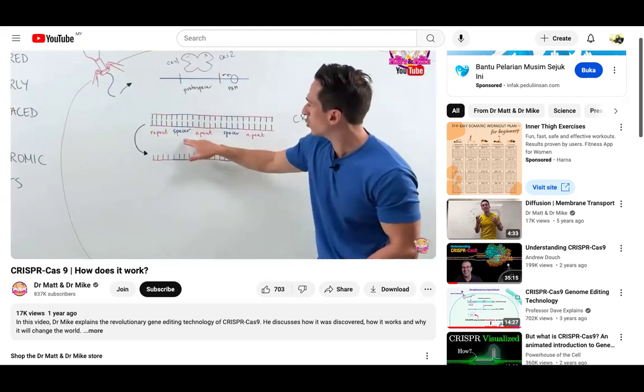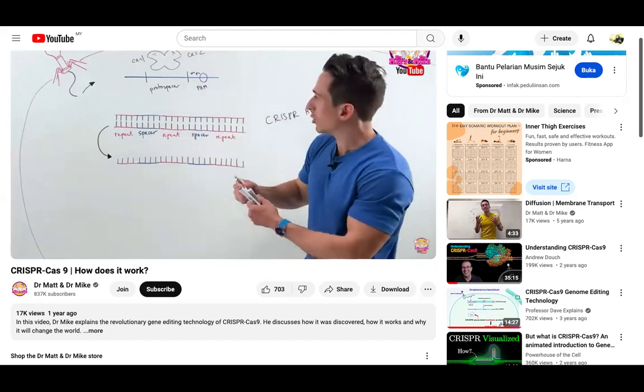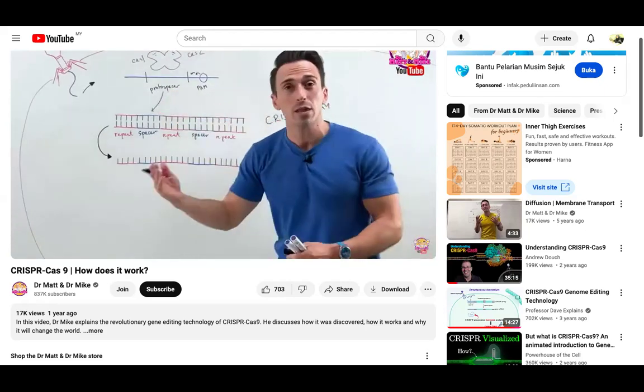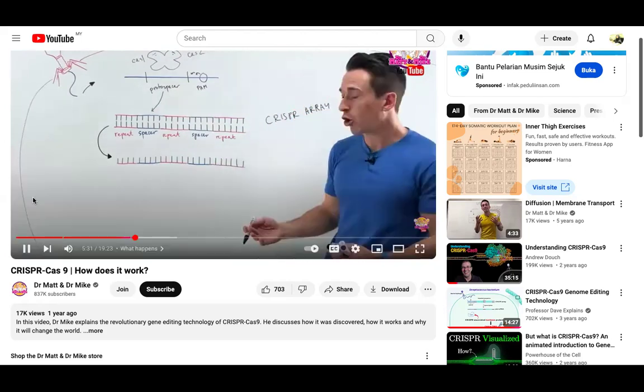Here I've only got two spacers, which means this one has come from this virus, but this one will have come from another virus. And as I said earlier, some bacteria... Okay, so you get that? The spacer, this whole thing, can copy the protospacer from different viruses.